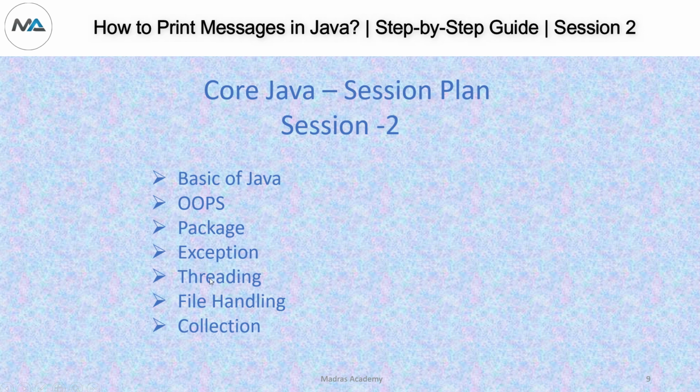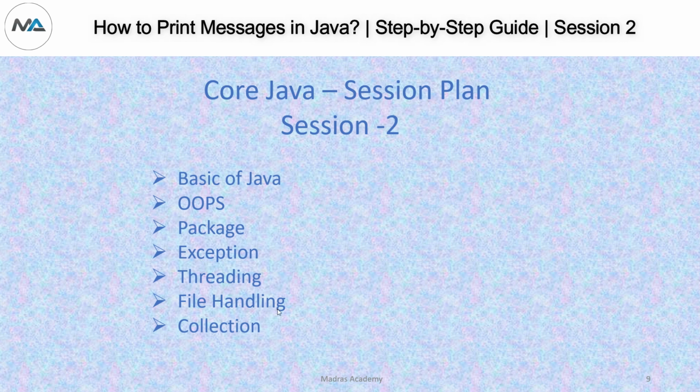And then threading, it is used to monitor the application. For that we are using threading. In this we have single thread as well as multi-thread. In Java, how to implement the threading concept, we'll see that. Next, file handling.